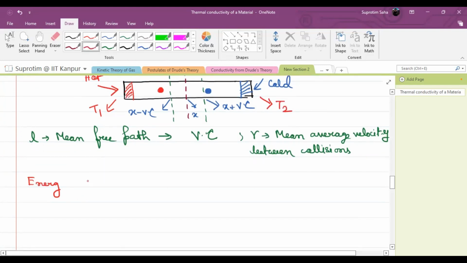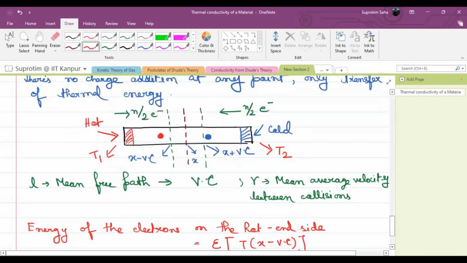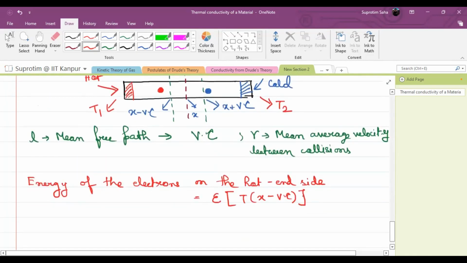So the energy of the electrons on the hot end side will be given at x minus v tau. So there exists a temperature gradient across the sample, as I said earlier, which is the main cause for this transfer of heat energy, or heat flux, or heat current.